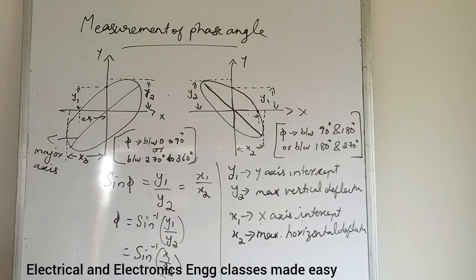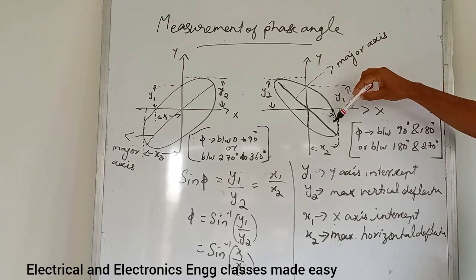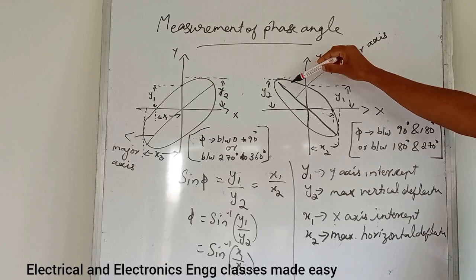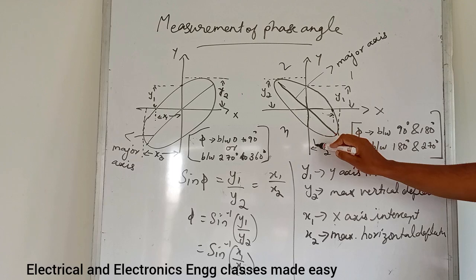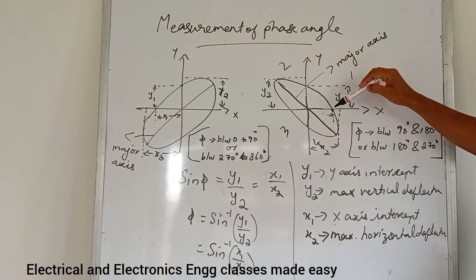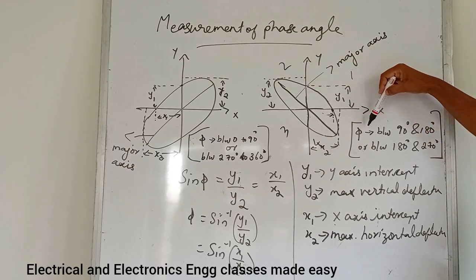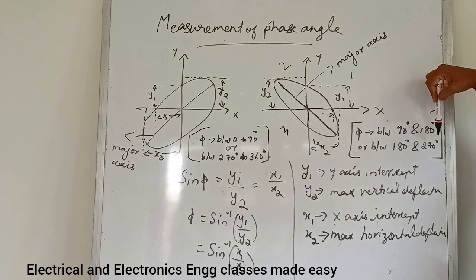When the major axis of the ellipse lies in the second and fourth quadrants, that is, the slope is negative, then the phase angle is either between 90 degrees and 180 degrees or between 180 degrees and 270 degrees.